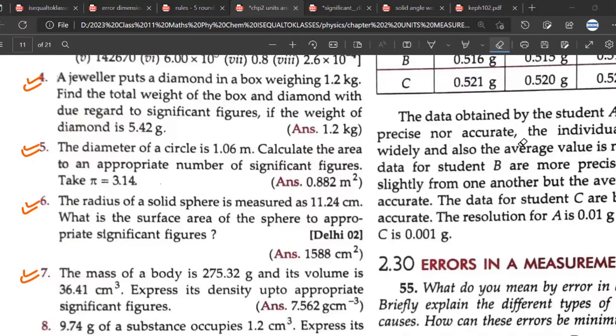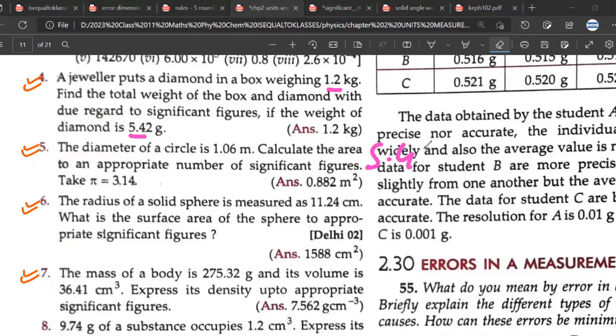So if we look at question number 4, a lovely question to understand the meaning of significant digits, addition, subtraction. You are putting some jewelry in a box which is 1.2 kg. Find the total weight of the box and diamond with due regard to significance if the weight of the diamond is 5.42 gram.